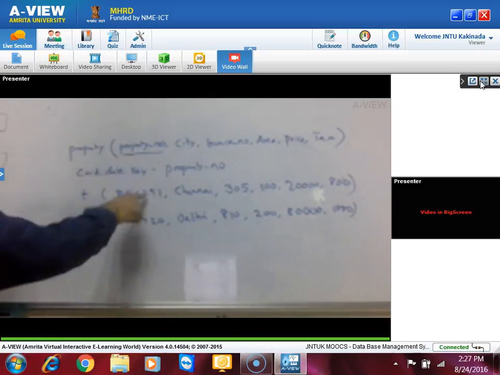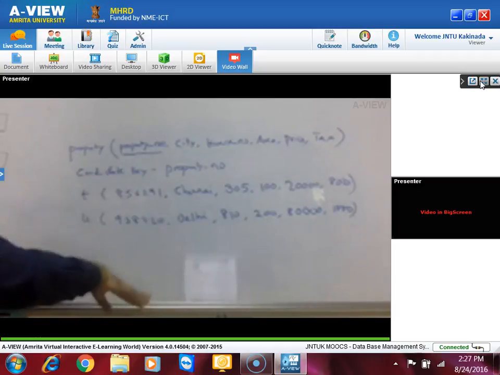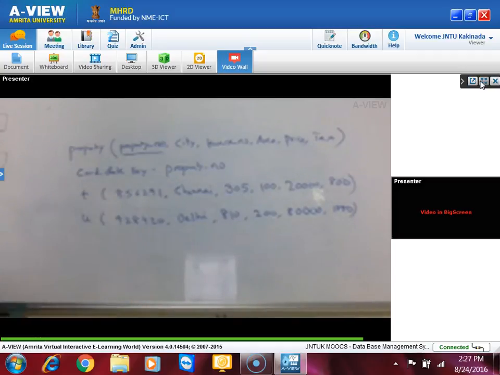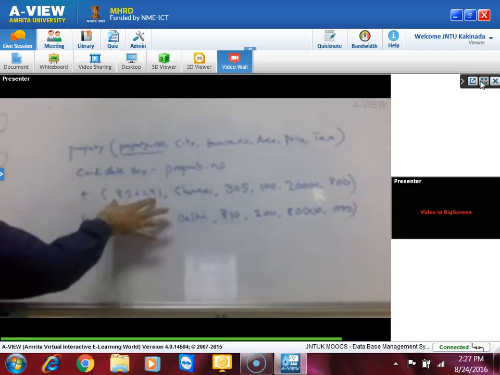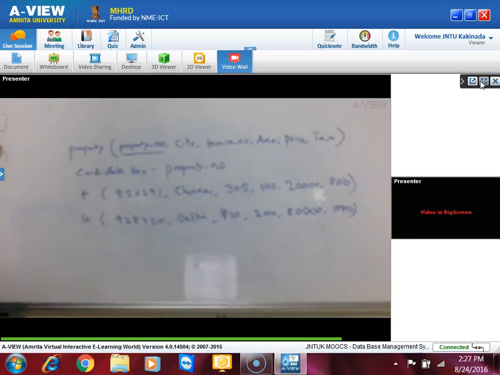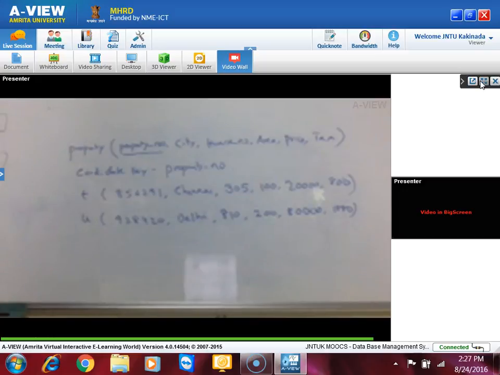Since we are assuming that property number is going to be unique, it will never get repeated in this relationship. So this becomes the key attribute. This is an attribute which will uniquely determine each of these records. So this is a unique value. It is also called the key attribute.